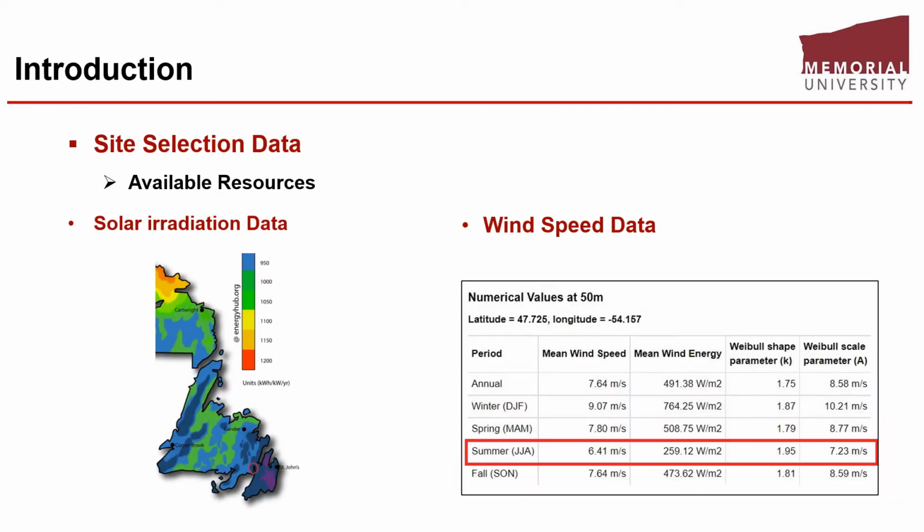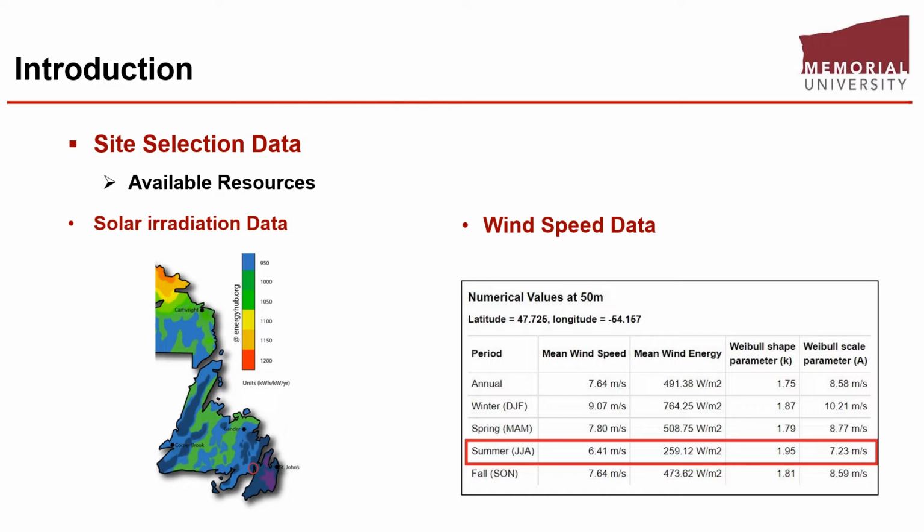So before designing the hybrid power system, there are a few points which we have to consider. One of the main significant points is available resources, and for the Woody Island Resort, it can be seen in the figure that the solar irradiation data and wind speed data are shown.